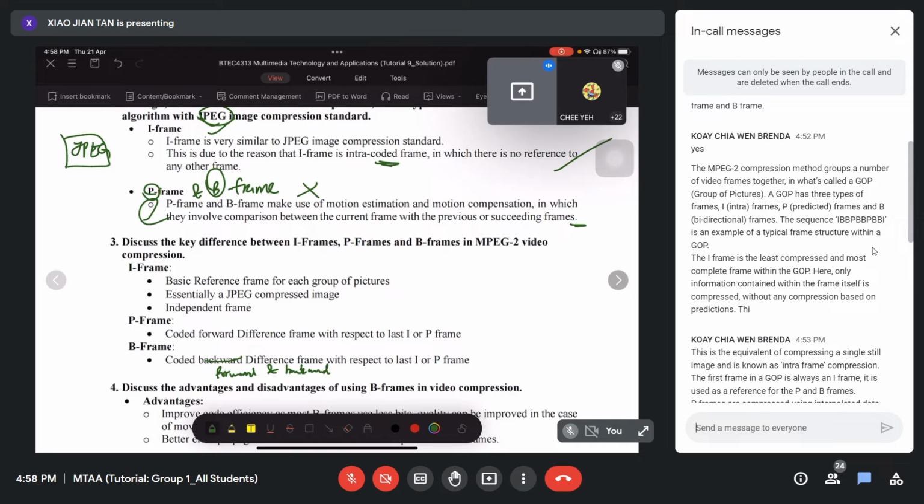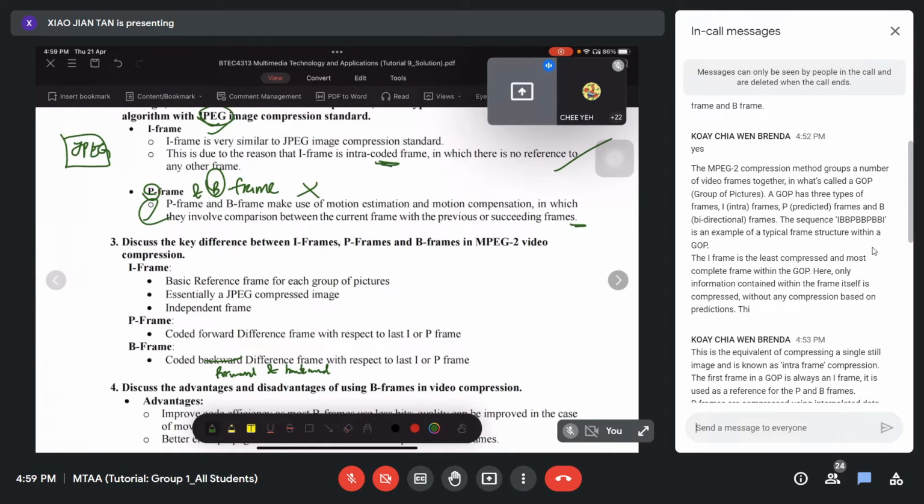Errors generated will not be propagated further within the sequence since B frames are not used to predict future frames. Okay. Not only future but also previous, I mean the B frame is not used for prediction of any frame, not as a reference, so that is the reason why the error will not propagate or transmit to any other frame.